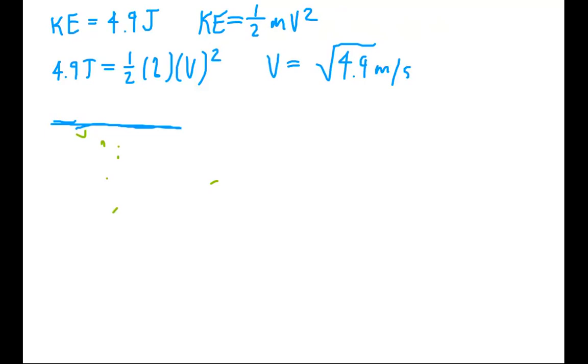Okay, so V at the beginning is root 4.9. We know that at the end when it stops, velocity is going to be equal to 0. And we want to know what the distance is between when it starts and when it stops. So using our kinematics equations, what's another variable that we're going to need to calculate this?